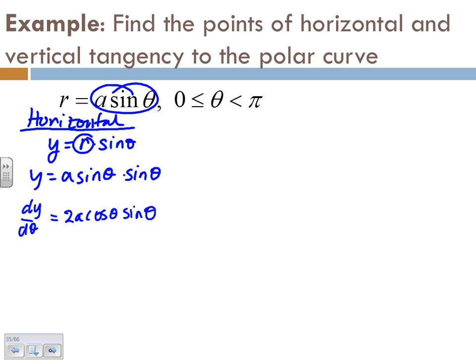And you can see if you got that correct derivative for dy d theta. Is that your overall slope? No, that's just the top, the numerator. But this will help me find the horizontal tangents. What do I have to set it equal to? 0.